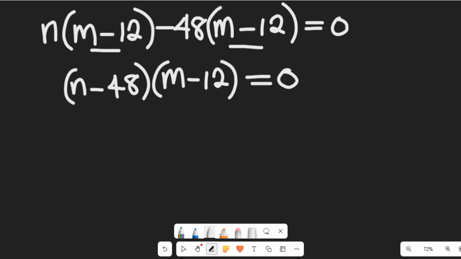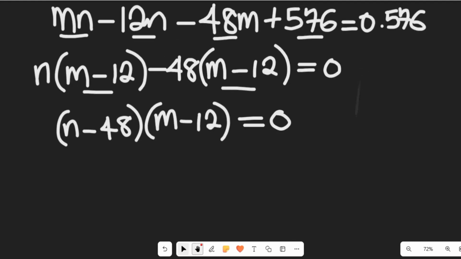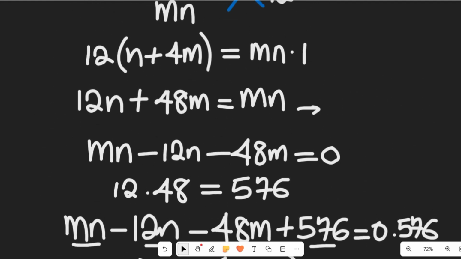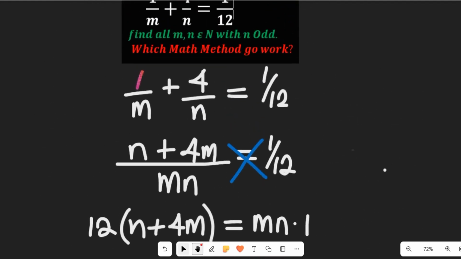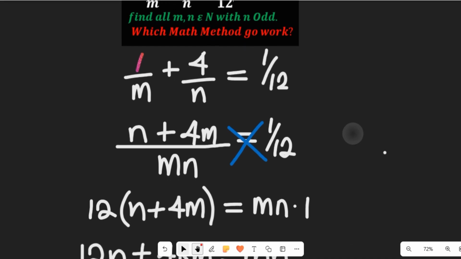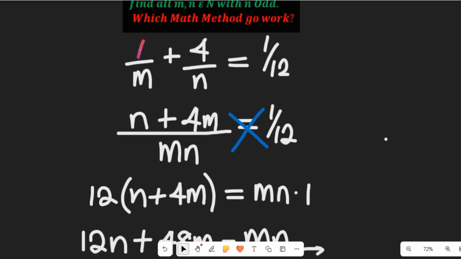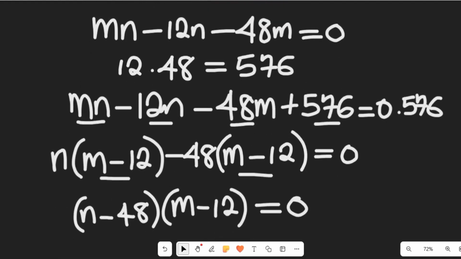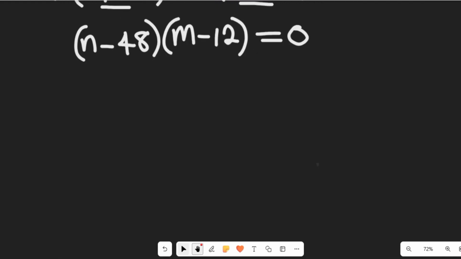So what do we do? Now remember two things they asked us in the question. They say m and n are natural numbers, which means they are positive numbers. They will always be positive numbers. The second thing is that they tell us n is an odd number.